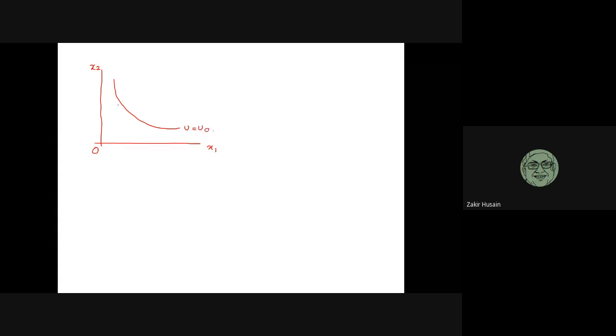So these are different combinations of x and y which will give you u0. Let me indicate two points over here. Now, consider a point like this, a point like K, a point like L.